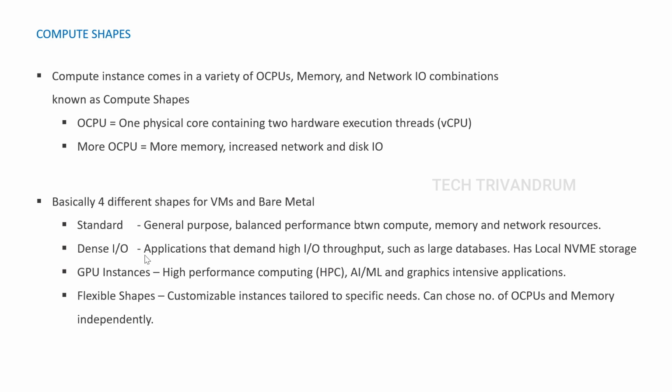The last shape is the flexible shape, and nowadays it is becoming very popular because in this flexible shape we can customize the number of OCPUs and the amount of memory we require independently. So these are the basic classification and some brief idea about the compute shapes in OCI.